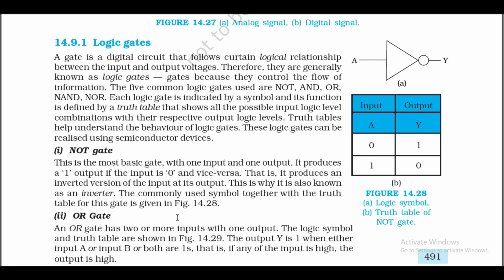Each logic gate is indicated by a symbol and its function is defined by a truth table that shows all the possible input logic level combinations with their respective output logic levels. Truth tables help in understanding the behavior of logic gates. These logic gates can be realized using semiconductor devices.